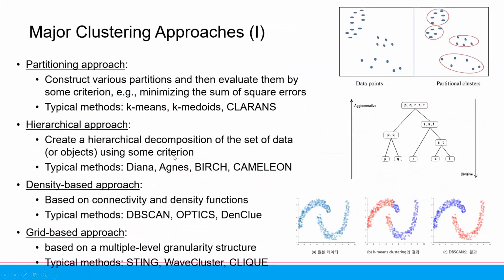So some major clustering approaches that you already know, the partition. Partition means we construct various partitions and then evaluate them by some criteria. For example, we want to minimize the sum of square errors.